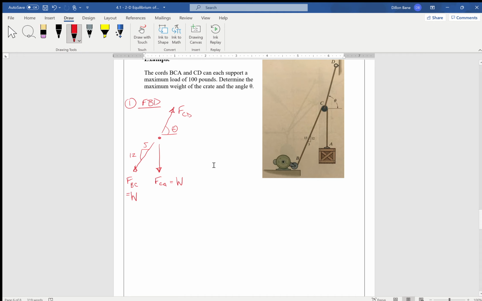So moving on from here, let's go ahead and set up our equations of equilibrium and see what those give us.